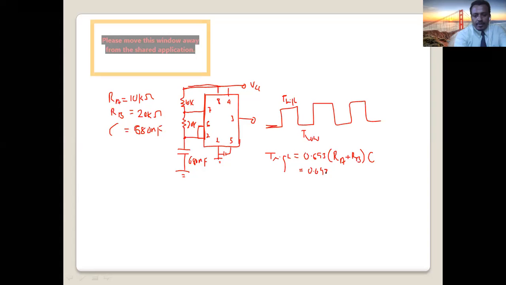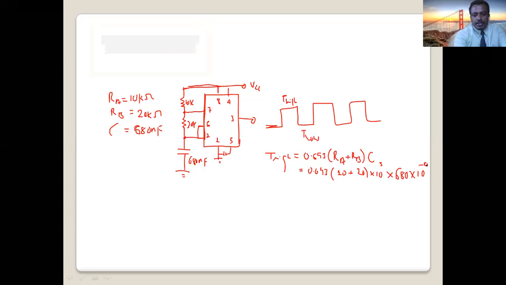Okay, so 0.693. How much is RA? RA is 10 kilo ohm. RB is 20 kilo ohm. Kilo means 10 raised to 3, times capacitor 680 nanofarad. 680 nano means 10 raised to -9.